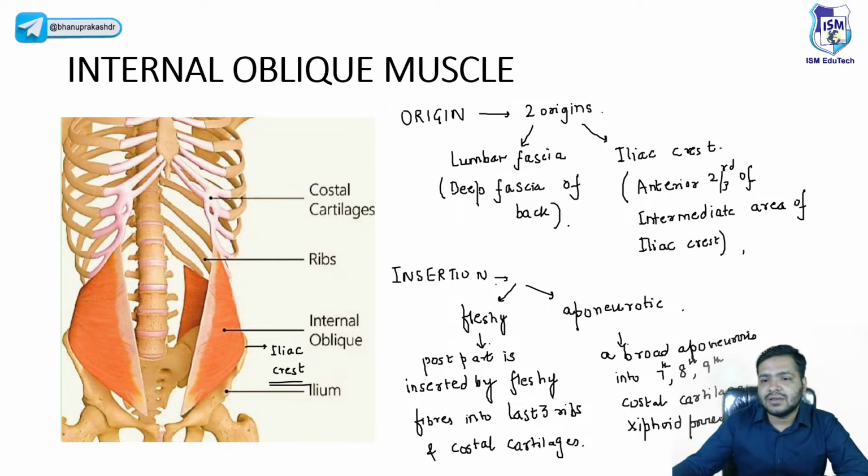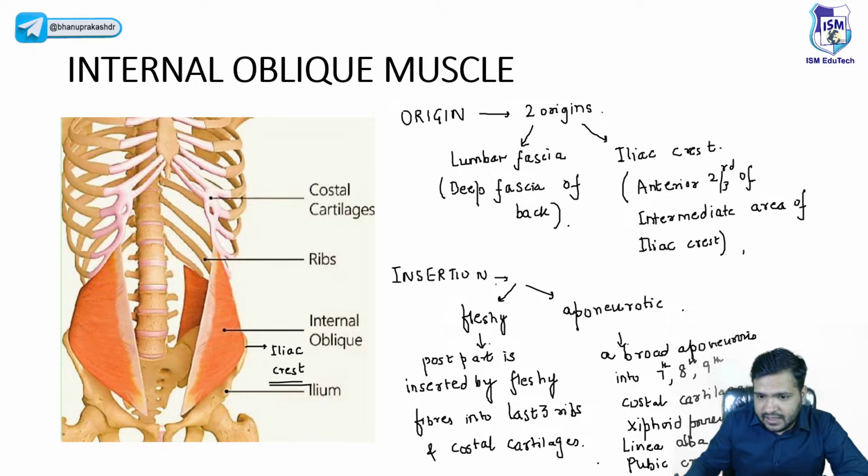So it is inserted into the 7th, 8th, 9th costal cartilage, the xiphoid process and the linea alba, and the pubic crest, and we have the pectineal line.